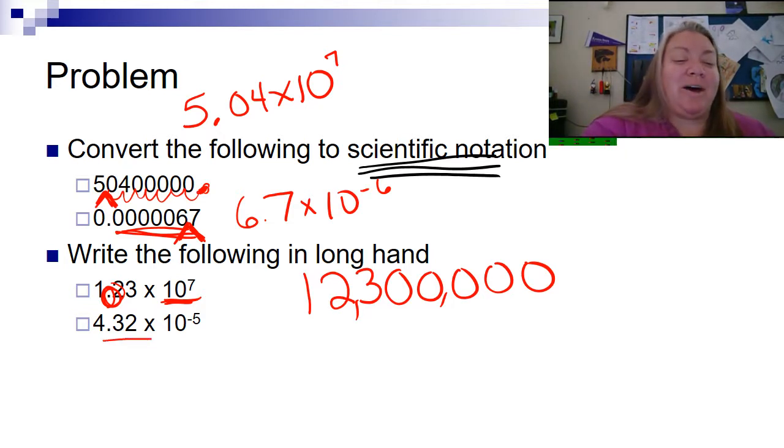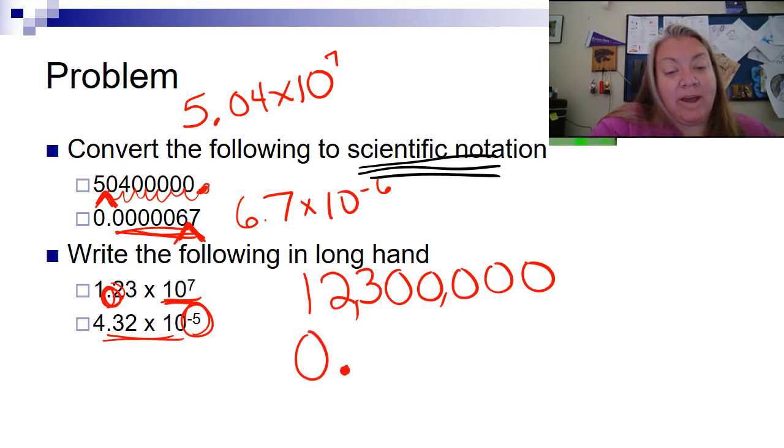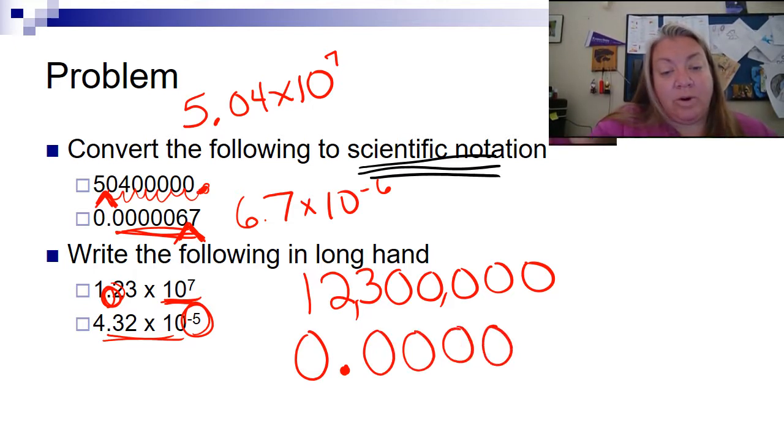Now the one on the bottom, this has a negative exponent. That means it's going to be a really small number. We're going to take the decimal where it's at and we're going to move it to the left. We're going to make this, again, a really, really small number. Now we're going to count from the decimal. I put 1, 2, 3, 4.